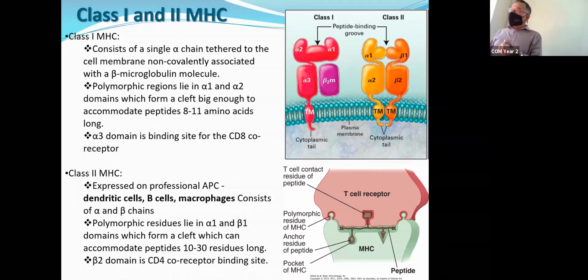So a T cell receptor needs to recognize not only the antigenic epitope, but also various structures on the MHC presenting that antigenic epitope. So this is why we say that CD4 cells recognize antigen in the context of class 2 MHC, because those antigens are only presented on these class 2 molecules, and CD8 recognizes in the context of class 1 MHC.